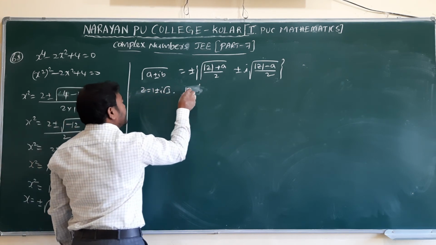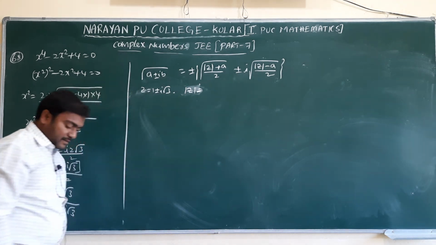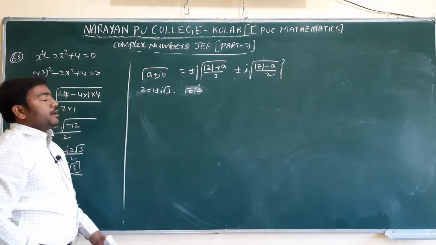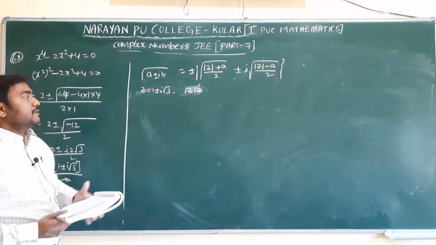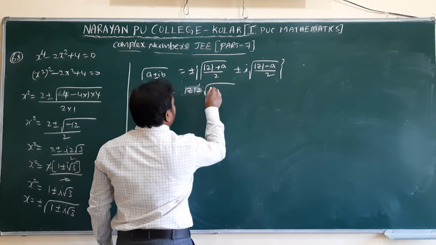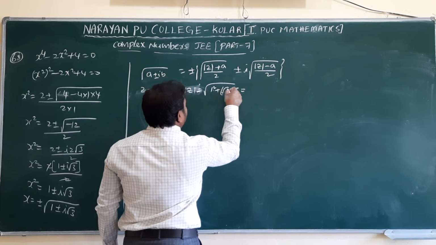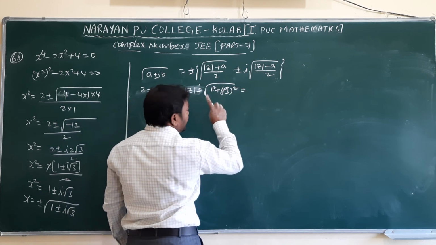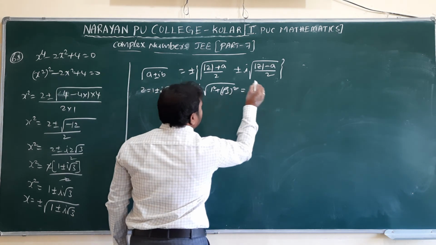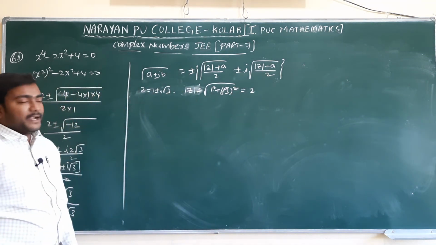The mod z value is the same for both. Mod z is the square root of 1 square plus root 3 whole square, which is the square root of 1 plus 3, the square root of 4. We are getting 2 only. Mod z value is 2 here.